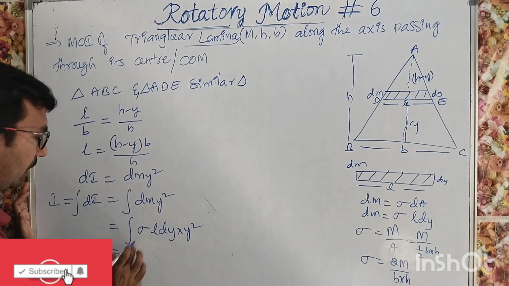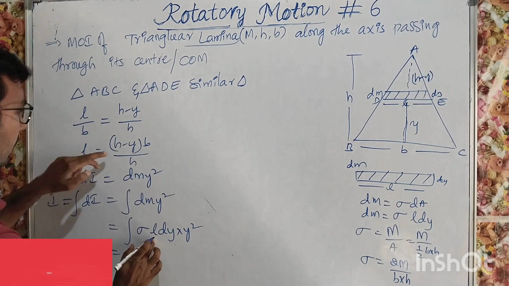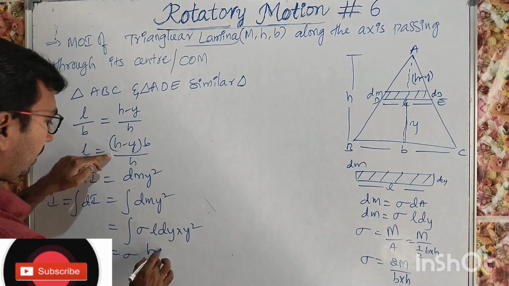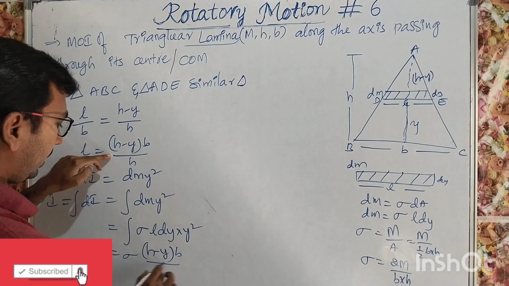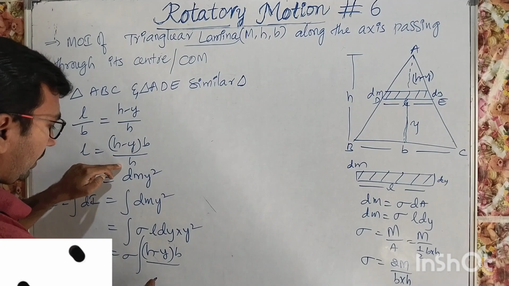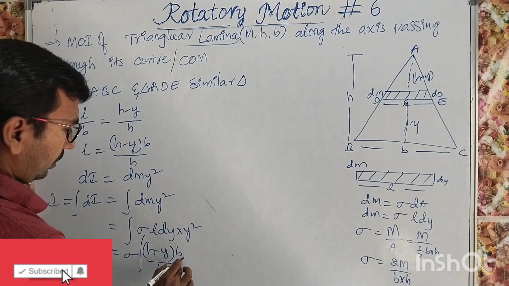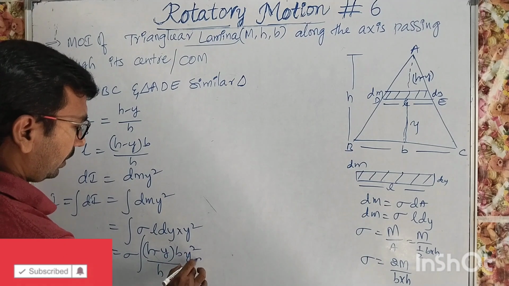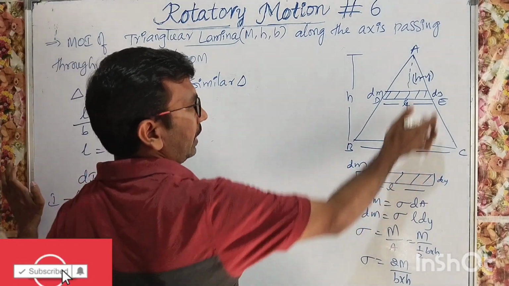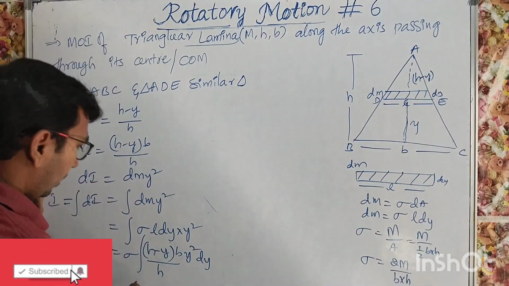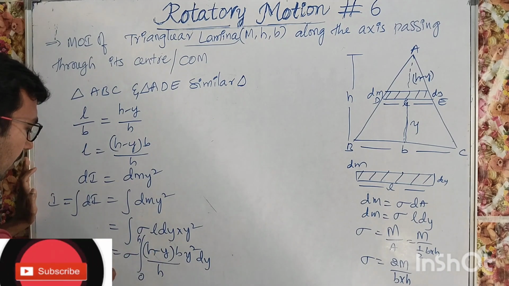Sigma is common, and here you can substitute L is equal to (h minus y) into b by h, with y square dy. The limits are from 0 to the total height h.